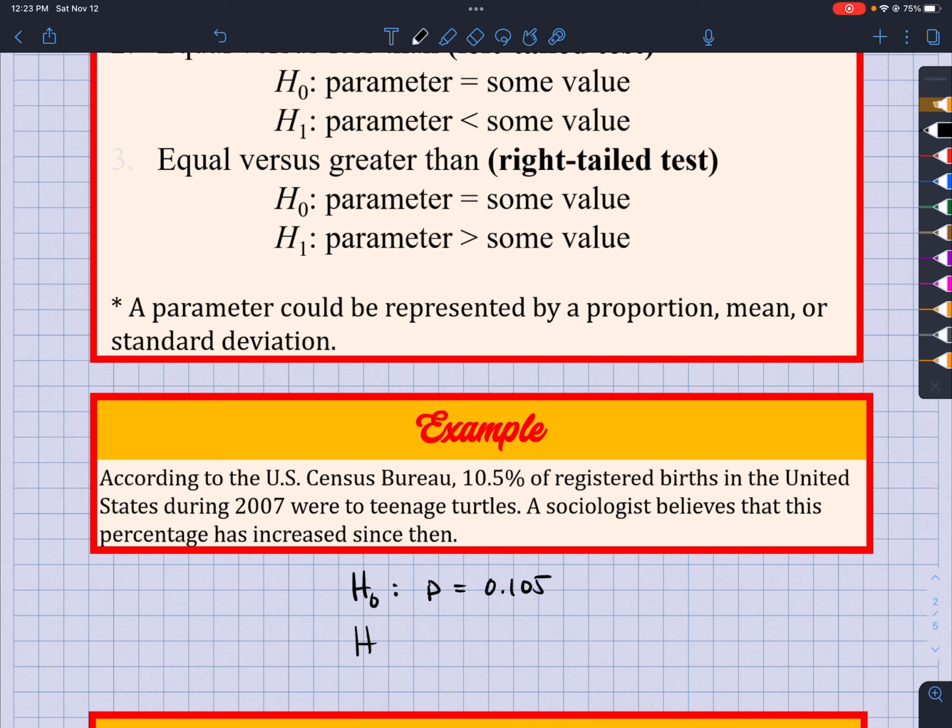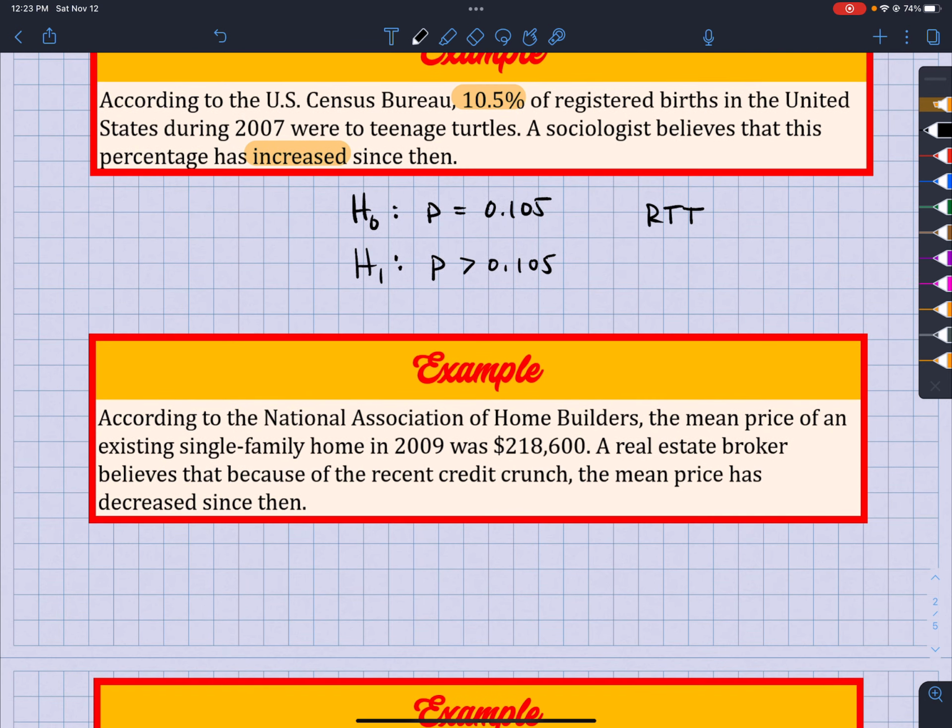The alternative hypothesis is that P has increased since then, so it'll be greater than 0.105. With that being said, this is going to be a right-tailed test, right?